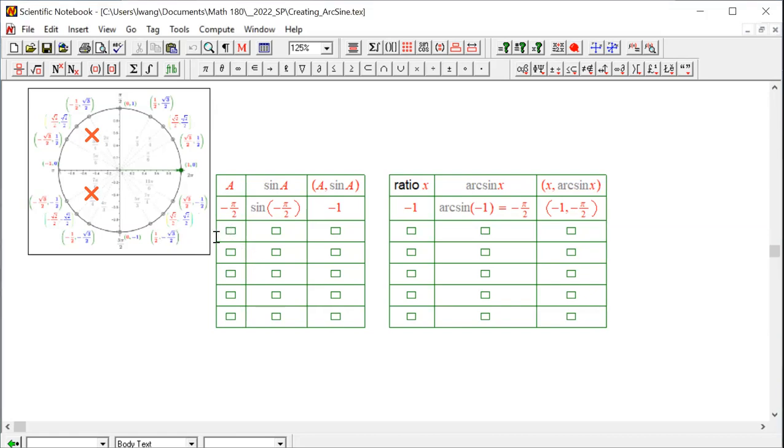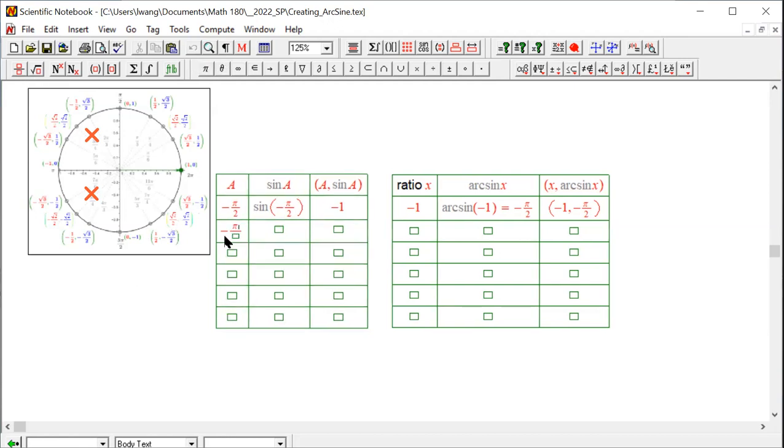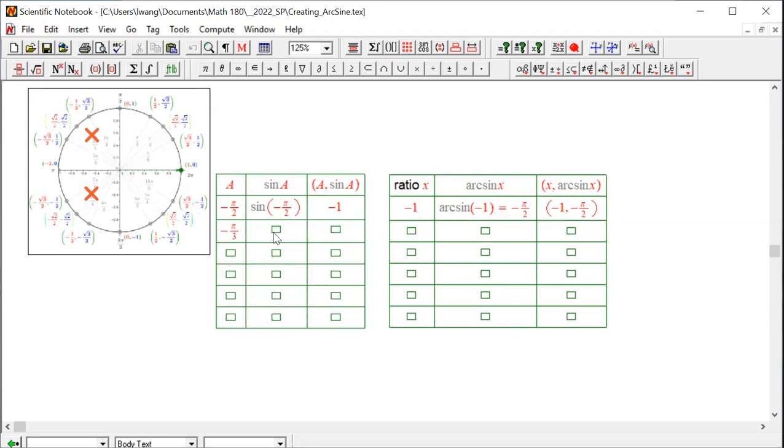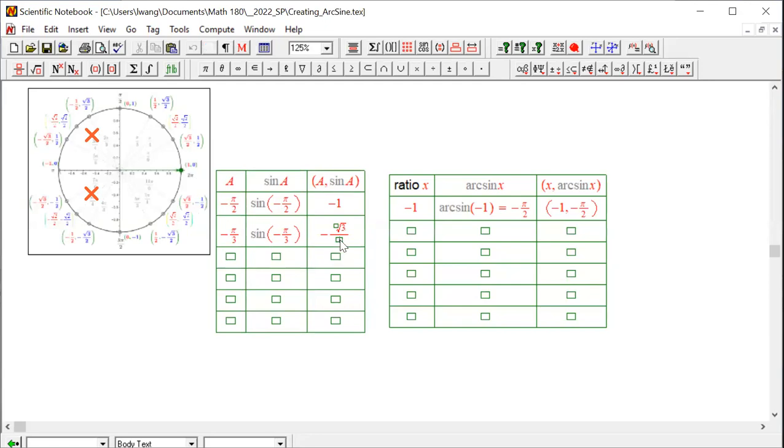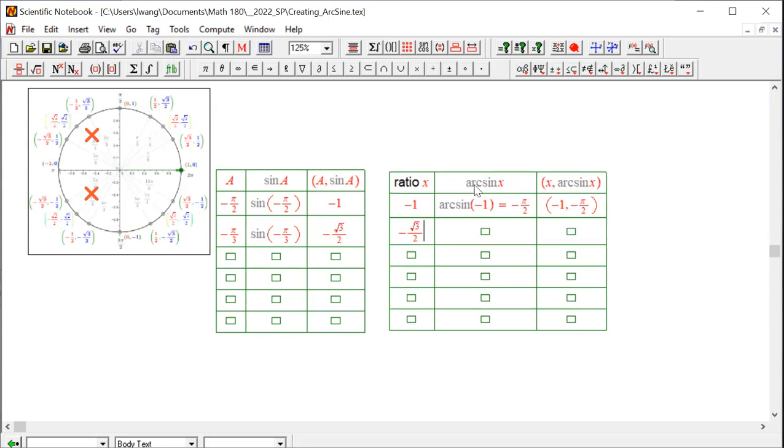So the next blue number we have is -√3/2, which is really from -pi/3. -pi/3 will be the input for the sine, and the output is -√3/2. We're going to take this ratio as input for our arcsine.